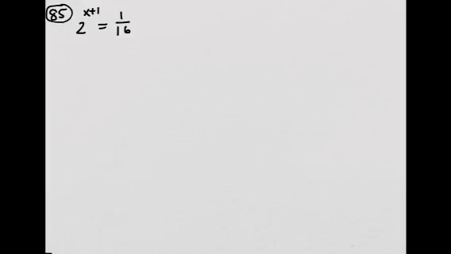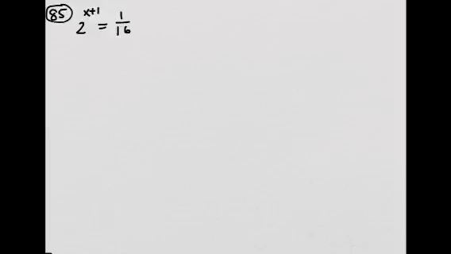Alright, so 85, solve without using a calculator, and this is similar to one of the quiz questions I gave you, where a lot of you guys used a calculator, but it would have been a lot faster and less work if you hadn't. So 16 is 2 to the 4th, right? But here I have on the right side 1 over 16.